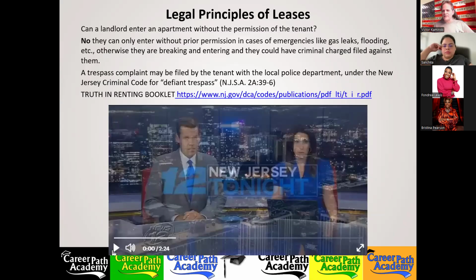Well, no, he doesn't. If he read his Truth in Renting booklet, it specifies what the rights are of the tenants and obligations of landlords and their agents. And under the criminal code for defiant trespass in New Jersey, that landlord's employee could have been charged. But it looks like the tenant wasn't.